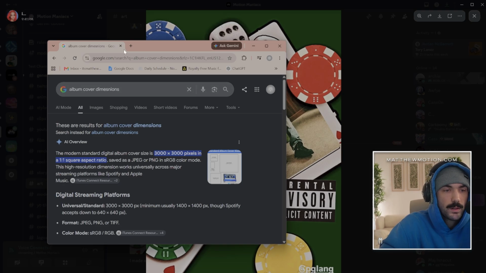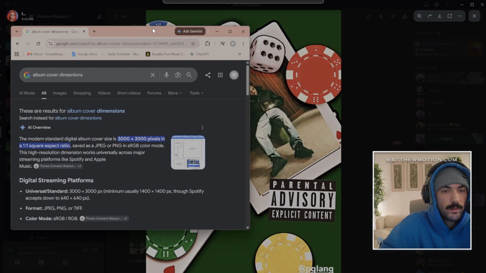So it's important whenever you're designing for something to know what the media requirements are, and the requirements for an album cover will almost always be in this square format. So 3000 by 3000 pixels is technically the same as 2000 by 2000 or 1000 by 1000.